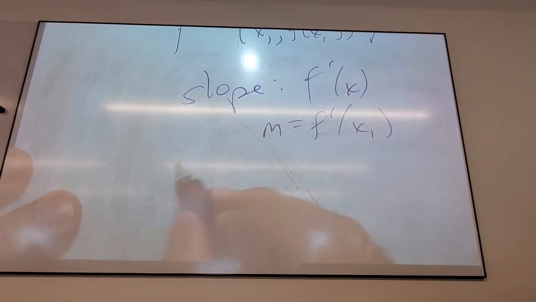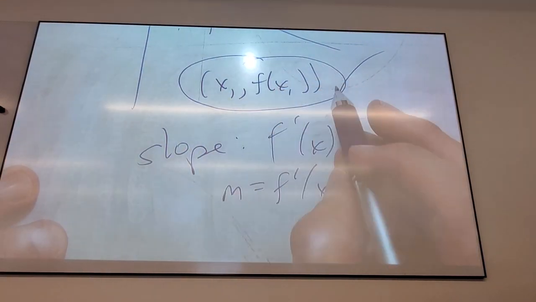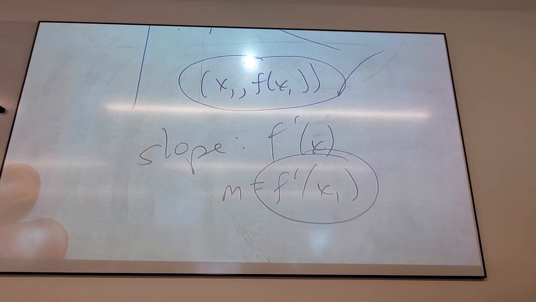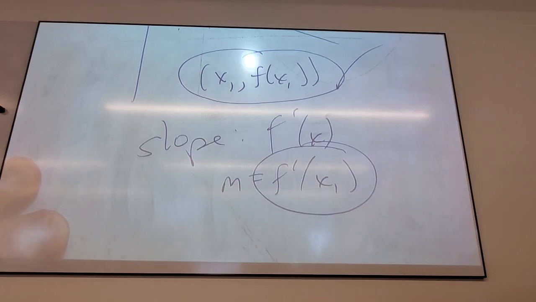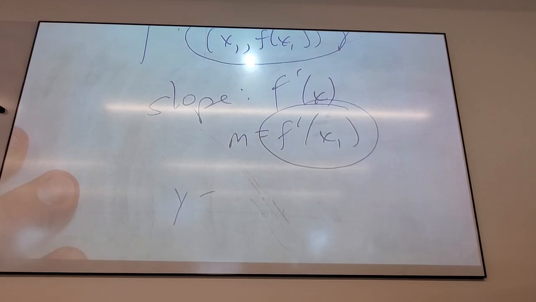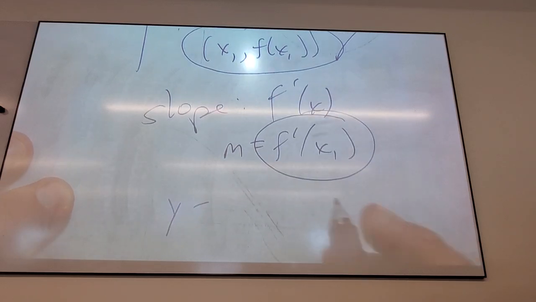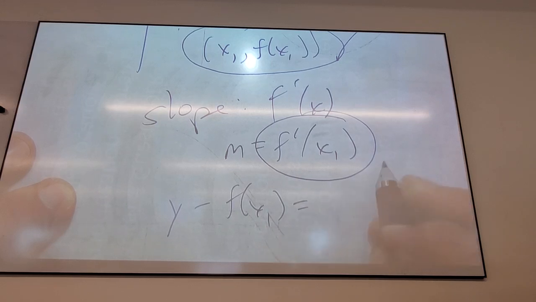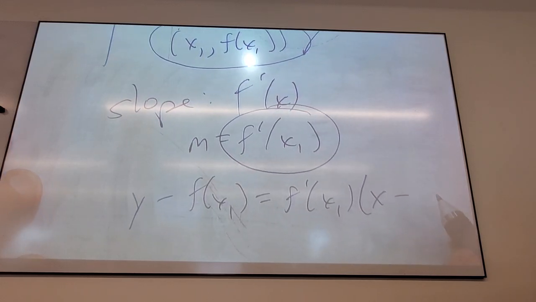So let's put this together. I've got a point, and I've got the slope. How do I make the line? y minus y1 equals f prime of x1 times x minus x1.